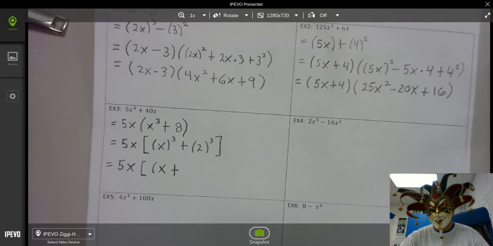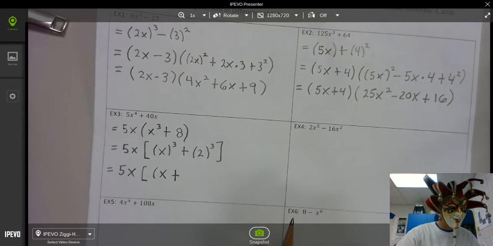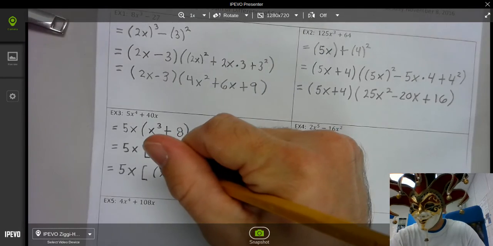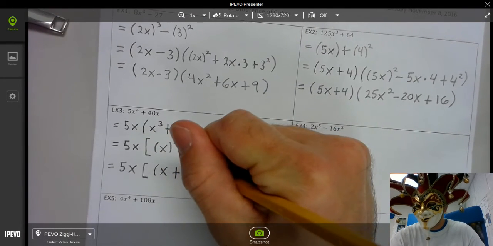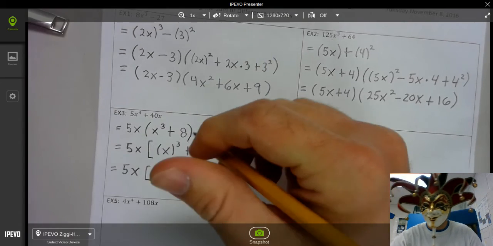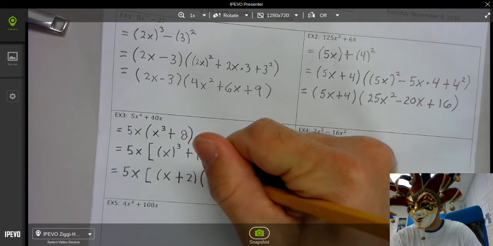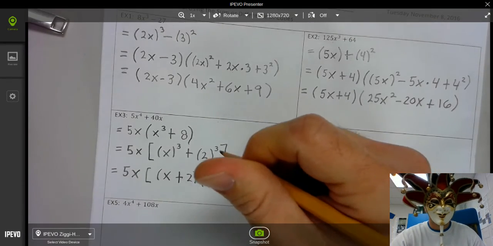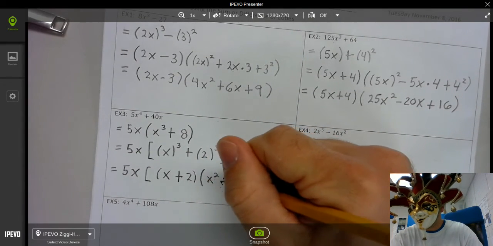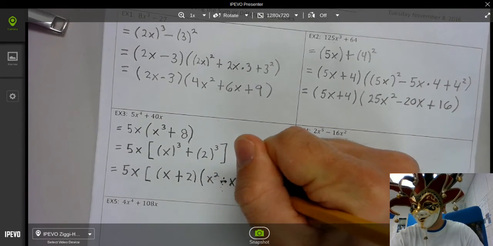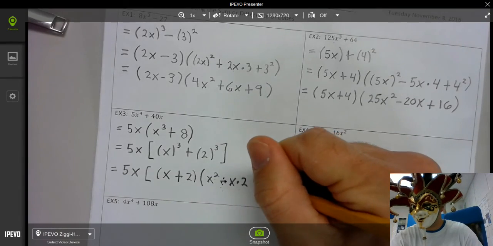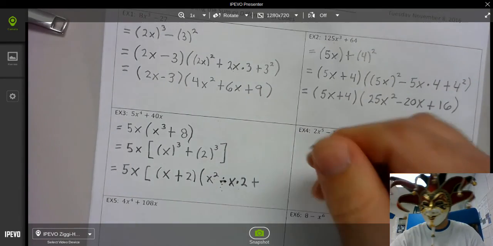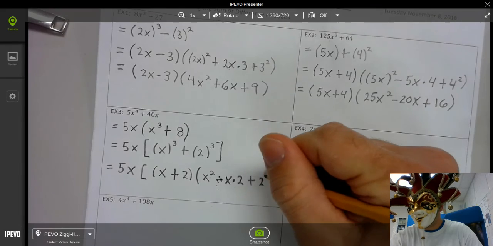Alright. So x plus the a value is 2, parentheses, a squared, which is x squared, minus a, which is x, times b, which is 2, plus b squared, which is 2 squared.